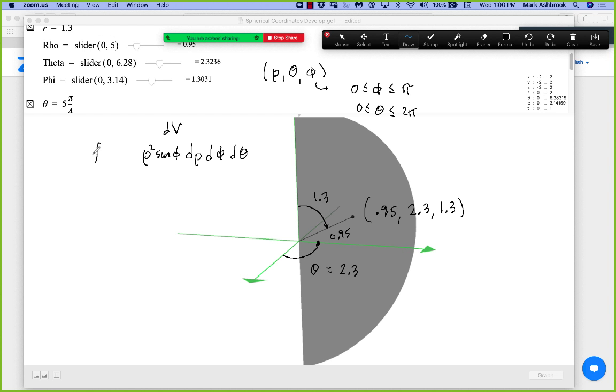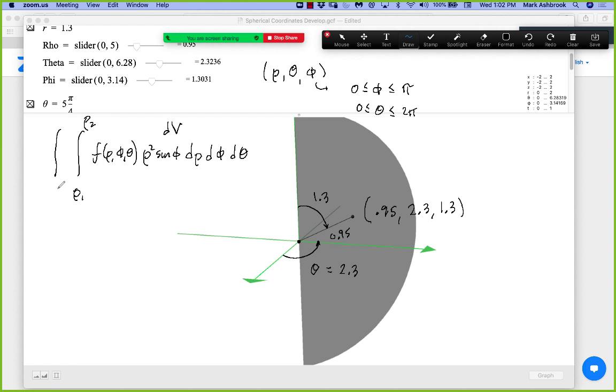And then we're going to have some function of rho, potentially rho, phi, and theta. And then our rho is going to go from rho 1 to rho 2. So we imagine the archer. Now the archer is going to be standing at the origin, firing in all directions, because rho is the distance from the origin in any direction.